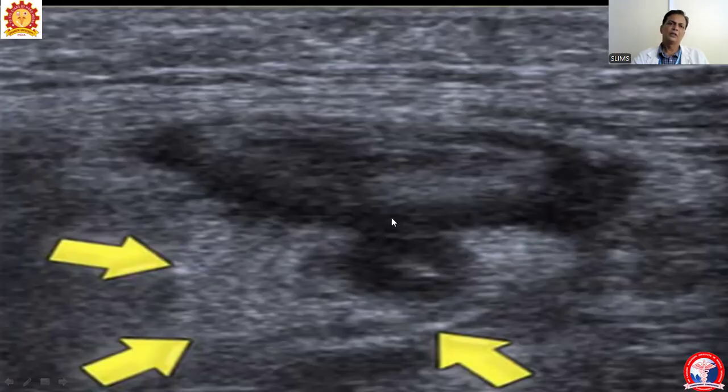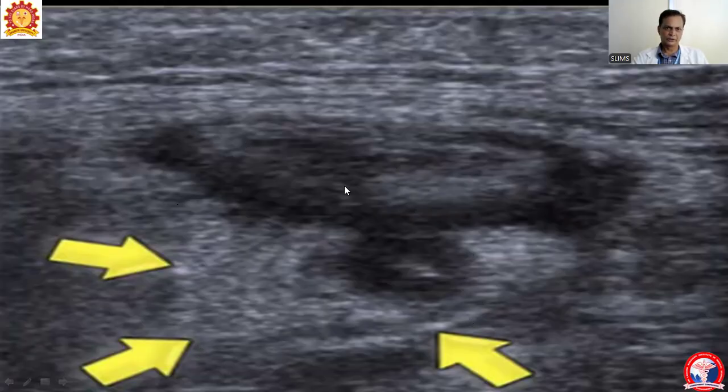This is actually a diverticulum, and the adjacent fat is showing extensive inflammatory changes. So this is a case of diverticulitis with adjacent inflamed fat.